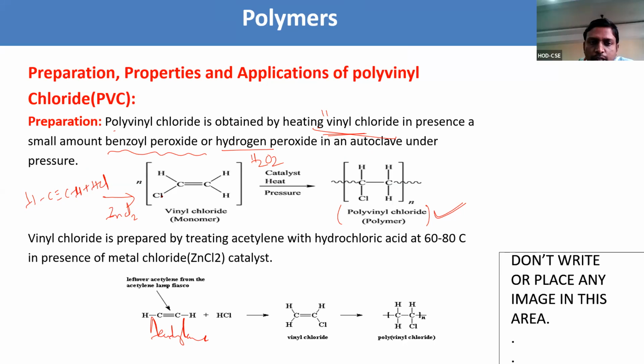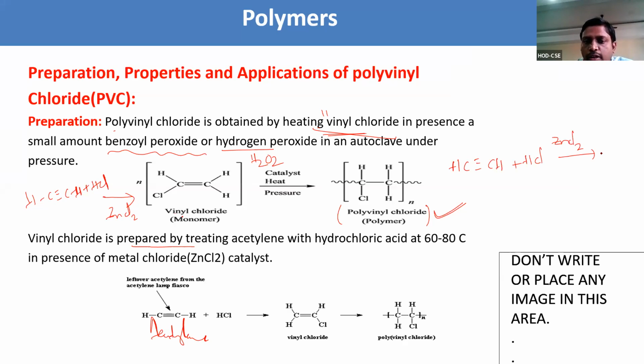The monomer involved in the preparation of PVC is vinyl chloride. Vinyl chloride is prepared by heating acetylene, whose formula is CH triple bond CH, in the presence of hydrochloric acid, with zinc chloride, ZnCl2, as a catalyst.